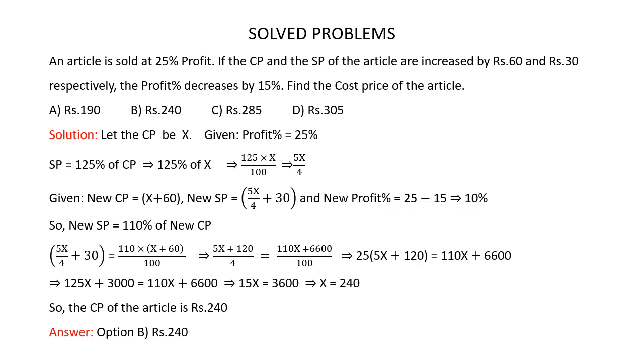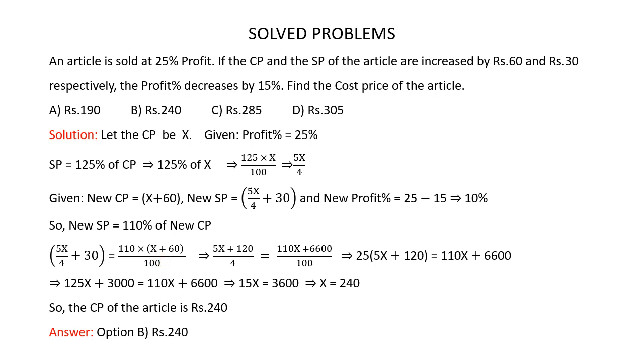So new selling price is equal to 110% of the new cost price. Now substituting the values of new selling price and new cost price in this equation, we get 5x by 4 plus 30 is equal to 110% of x plus 60, which is nothing but 5x by 4 plus 30 is equal to 110 multiplied by x plus 60 divided by 100.